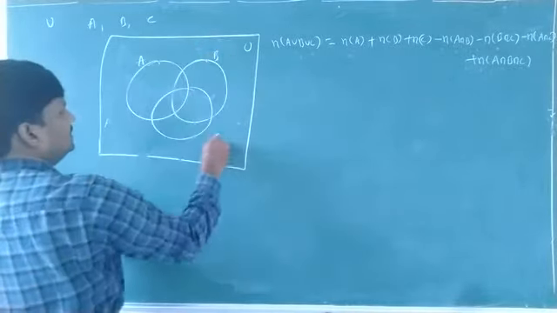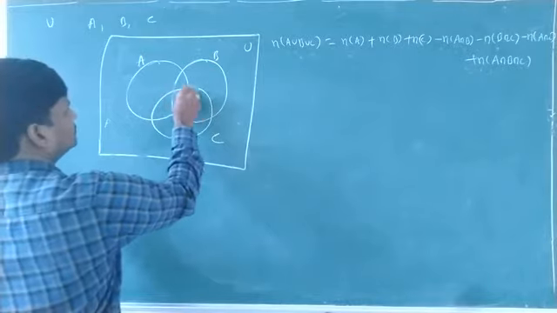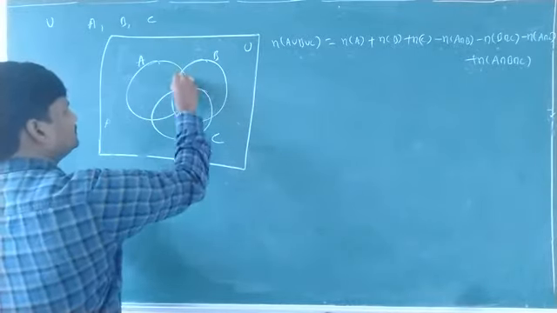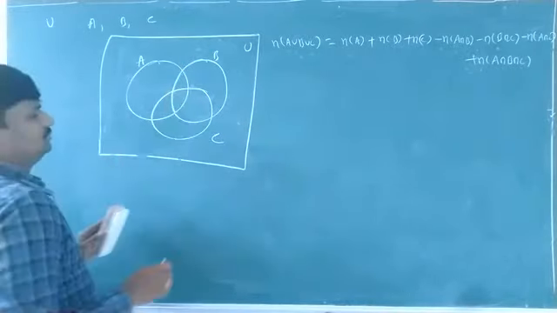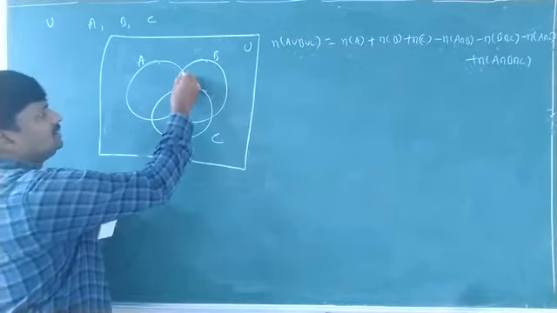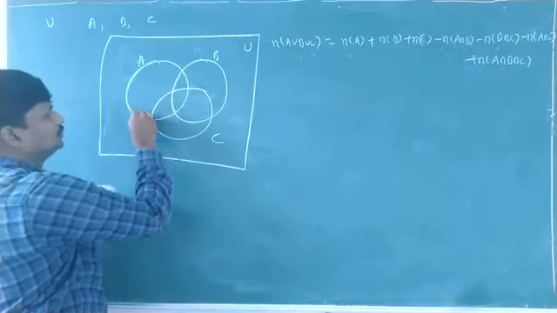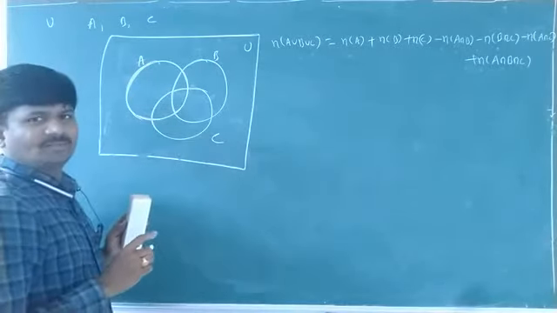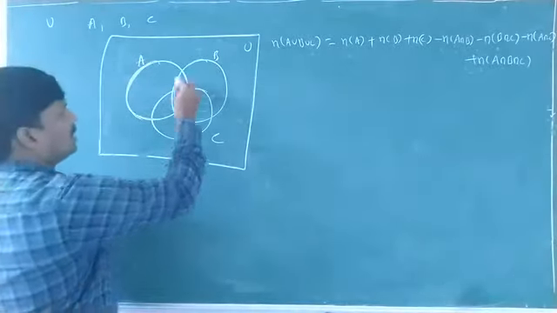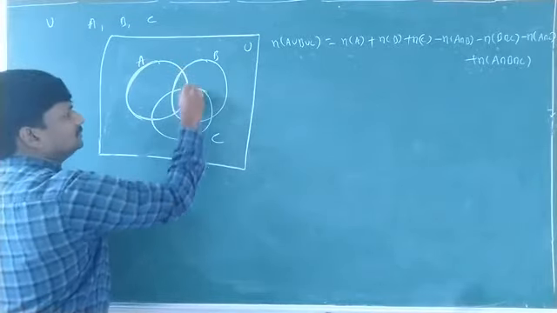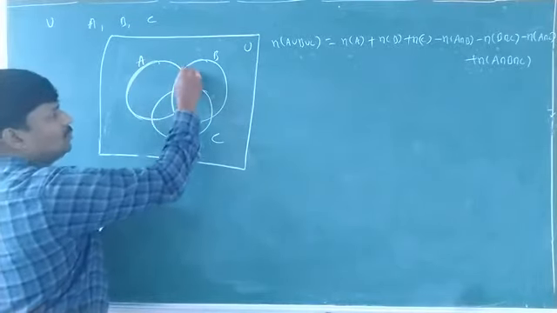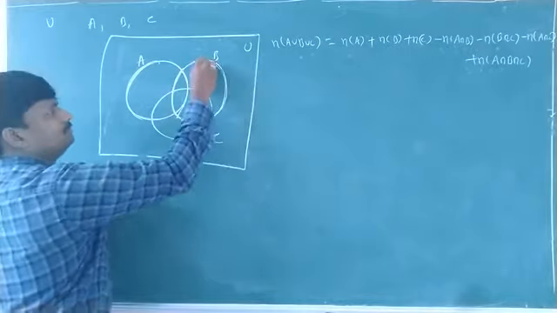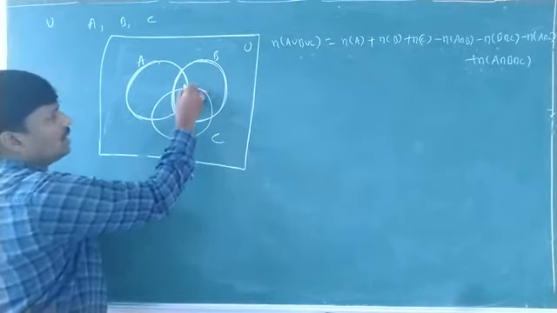A, B, C. Okay. Just observe here. What about this one? It is set A, only set A. What about this part? A intersection B. What about this one? Set B. What about this part?